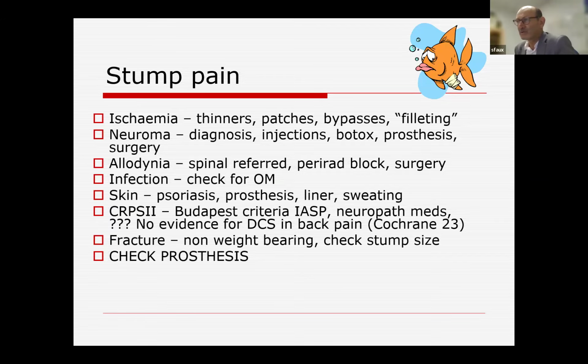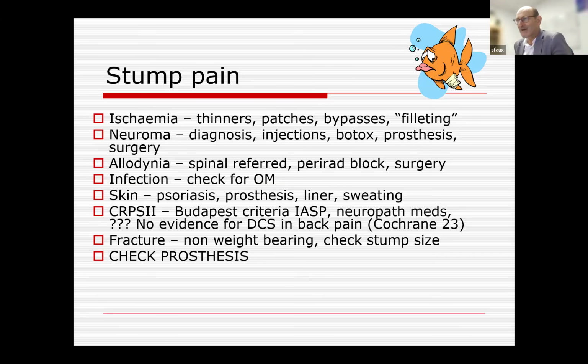Sometimes there's a neuroma, and I'll talk about the diagnosis for that, and you can use injections. Botulinum toxin has been used, although it's uncertain how that works. And prosthetics can be amended so that you don't put pressure on the neuroma. And there are also surgical techniques that can decrease the incidence of the neuroma, and I'll come back to that.